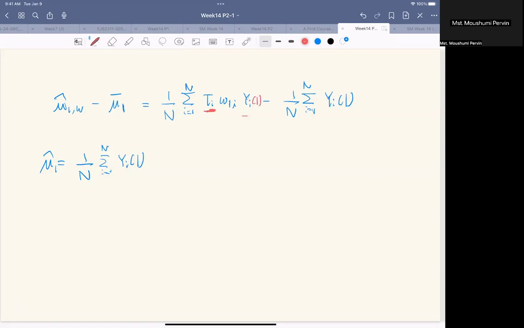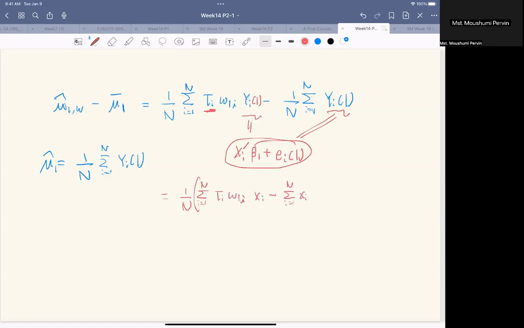And this term is xi prime beta 1 plus ei 1. I think we covered this many times.